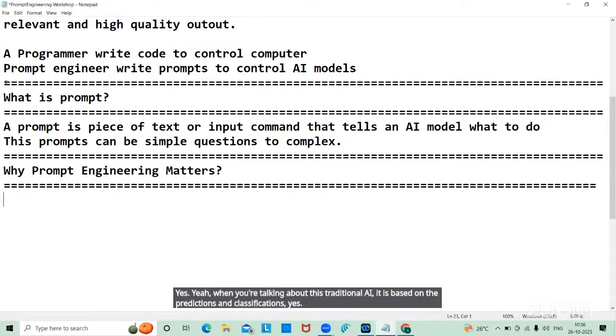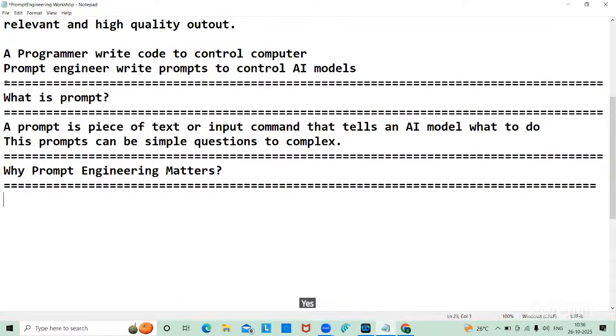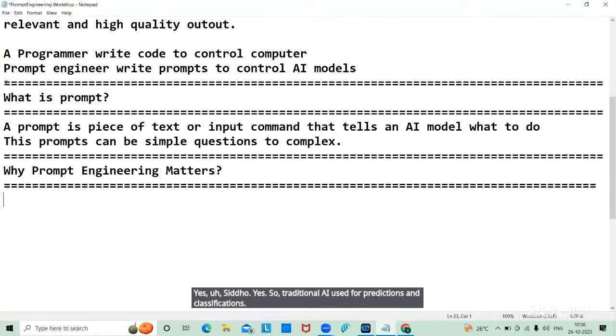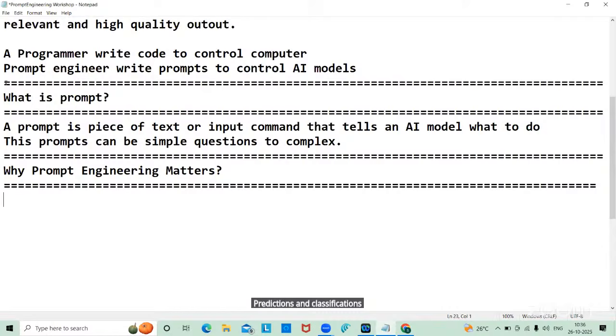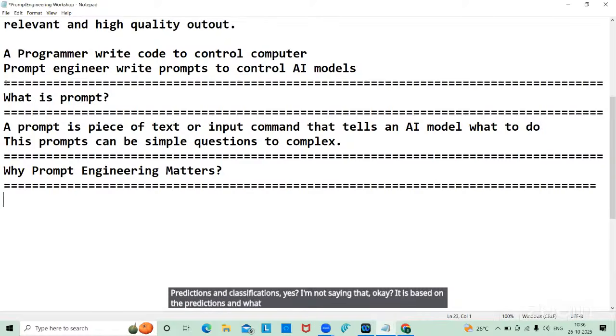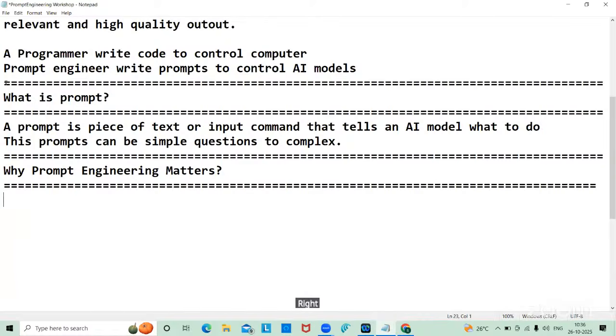So traditional AI is used for predictions and classifications. So why prompt engineering matters here: generative AI systems are flexible.